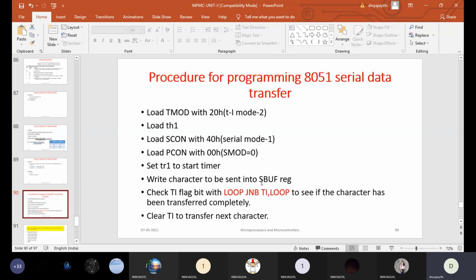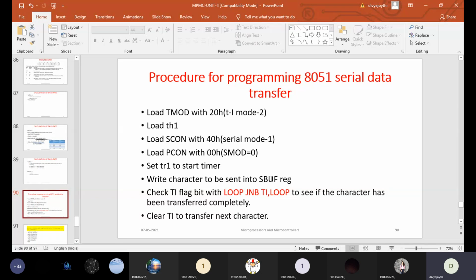Whenever SBUF is loaded with a character, it will be 0. If SBUF has no character, then the TI flag will become 1. So this step needs to be verified until the TI value becomes 1. If the TI value becomes 1, that indicates that SBUF is now empty, that means the data present in SBUF has been transmitted.